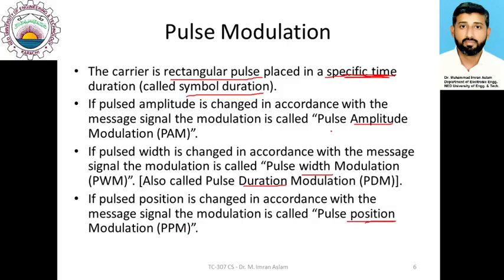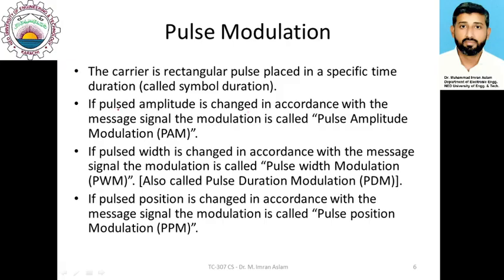So we can exploit any of these parameters to represent the message signal. Similar to the continuous wave modulation, we name pulse modulation on the basis of which type of change represents the information, or which parameter we use to encode the information.